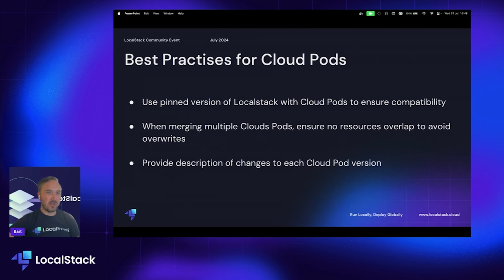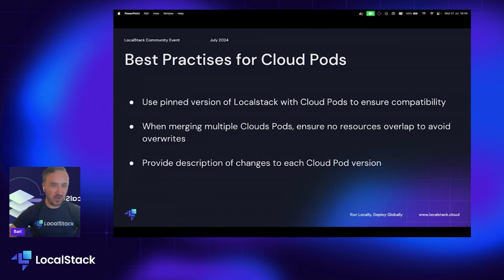So for instance, if you are using LocalStack 3.5, and as we just released version 3.6, the Cloud Pods may not be compatible right away with that version. We have some processes that we can share with you on how to migrate your Cloud Pods from one version to another, but at the moment, there are potential challenges with migrating from version to version, but we can help you on an individual basis or share some of these best practices here.